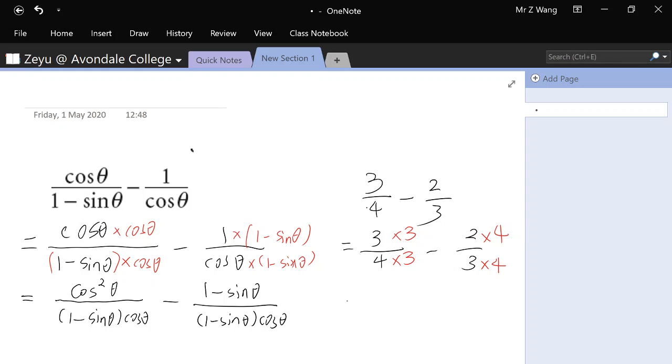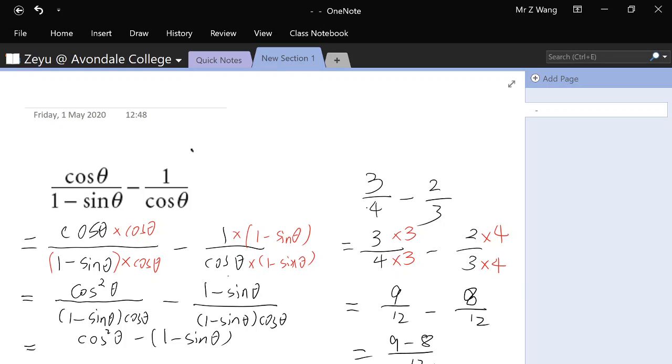And now, this is exactly what we're doing here, right? So 9 over 12 minus 8 over 12. You see they now have the same denominator, and then you only have to subtract the numerator. So then this is cosine squared theta minus, this is a tricky minus sign because you need a bracket.